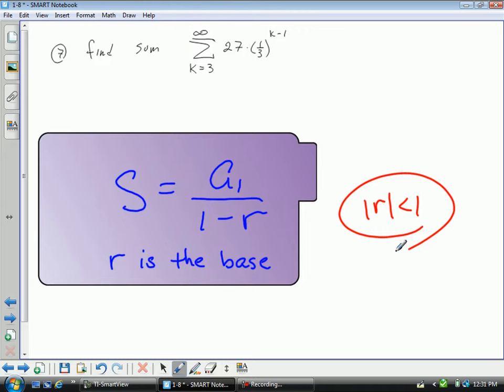Now, for this problem right here, like I said, the indication that it was infinite was that symbol right there. We can see that this is a base raised to a power, and that's why it's geometric. Now, for this problem, all we have to do is find out what r is equal to. R is equal to the base, in this case 1/3. And I need to find out what my first term is. You get your first term by plugging in the start value into the original.